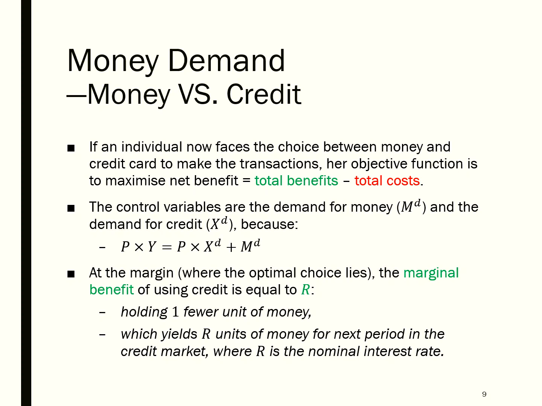But if you use cash, then you won't have this nominal interest earned on your bank account. But you will also have to pay Q to use the credit. So the marginal cost of using credit has to be equal to the marginal benefit of using credit. R has to be equal to Q at the optimum.